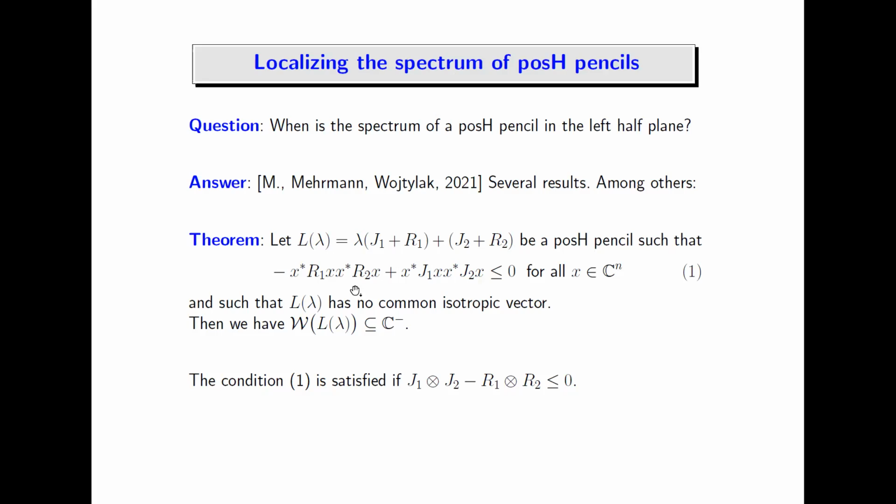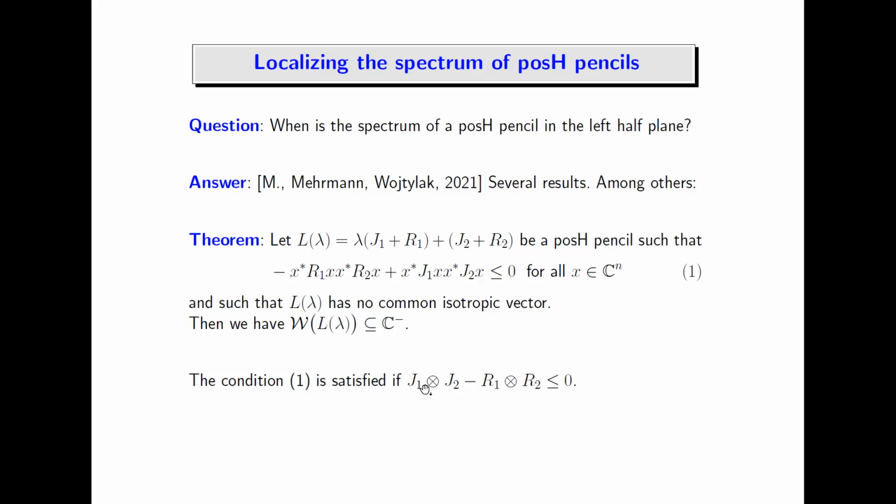So, for example, if you can show that this expression here is not positive for all vectors x, and if L does not have a common isotropic vector, then the numerical range is contained in the left half plane. This is, of course, not that easy to check, but you can easily give a stronger condition that implies this.